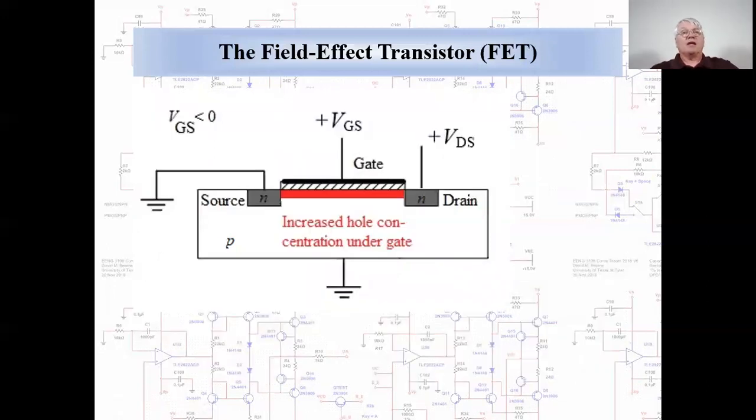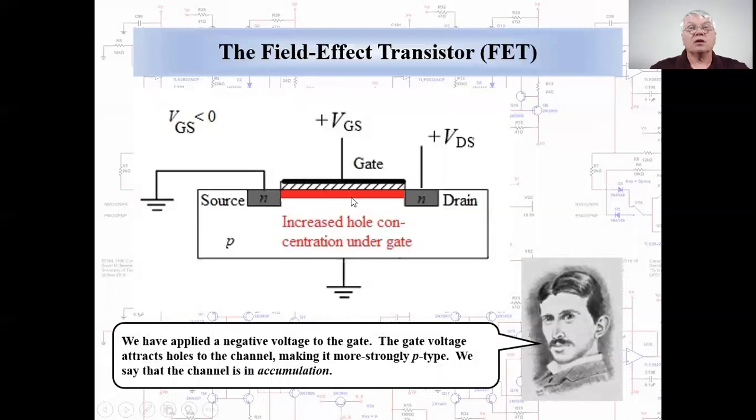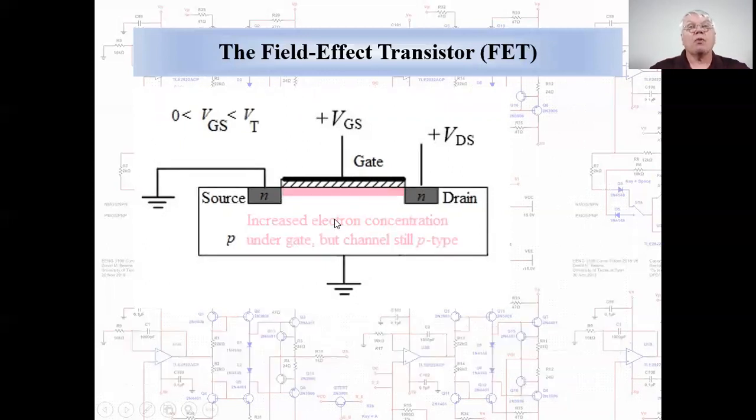So now let's make the gate to source voltage negative. That has the effect of increasing the concentration of holes in the channel, making it even more P-type. We are accumulating holes in the channel, but there's still no conduction. Now let's put a small positive voltage on the gate, but less than what is known as the threshold voltage, and we'll understand in a moment what that means.